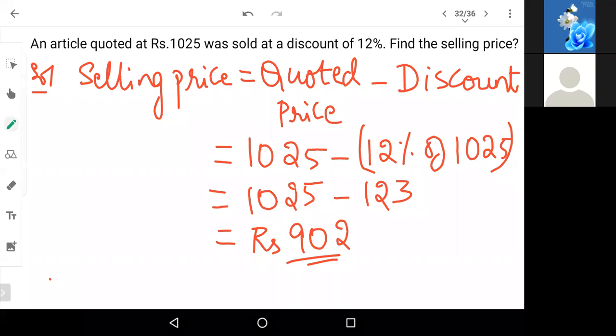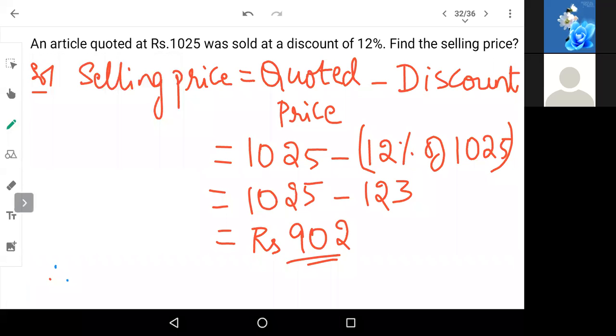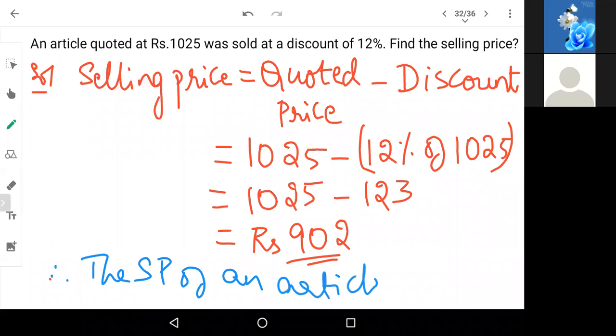So therefore, write the conclusion. Therefore, the selling price of the article is rupees 902. Clear? Any doubts?